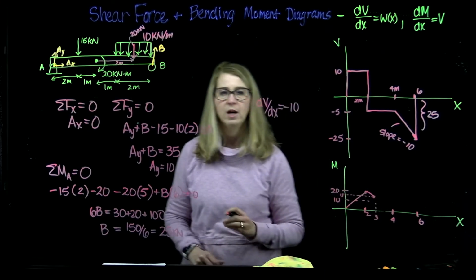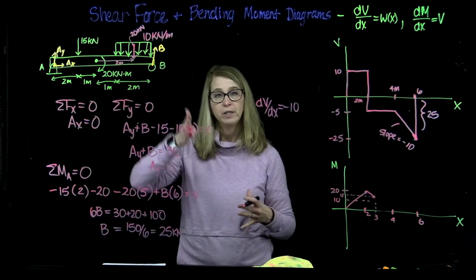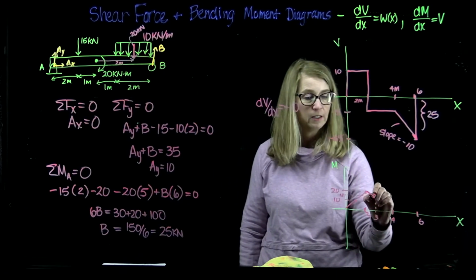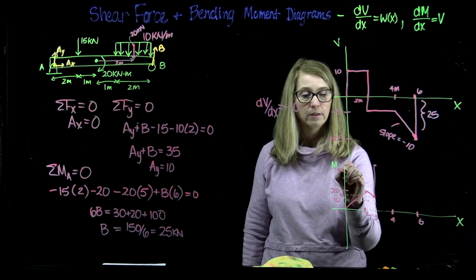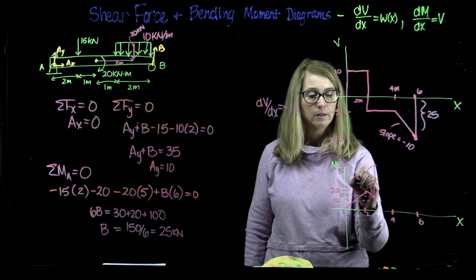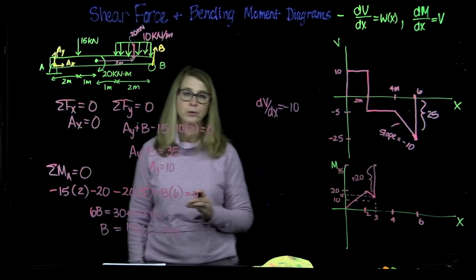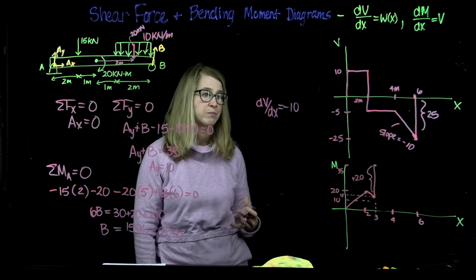Again, not all to scale, but now we're going to have a vertical jump in the positive direction of 20. So I'm going to go from 15 to 35. And that jump, that discontinuity, is because of the couple that was located there.